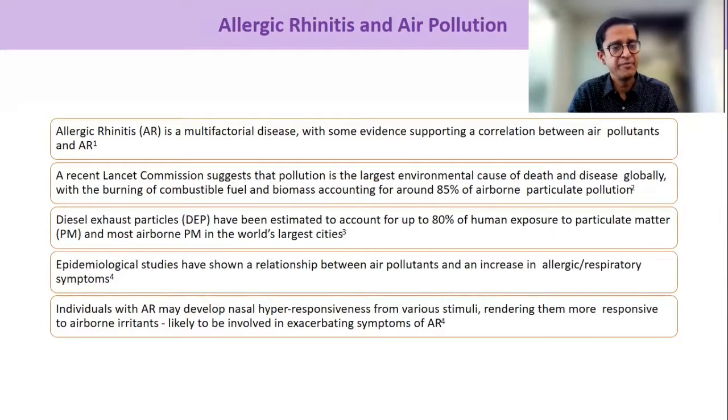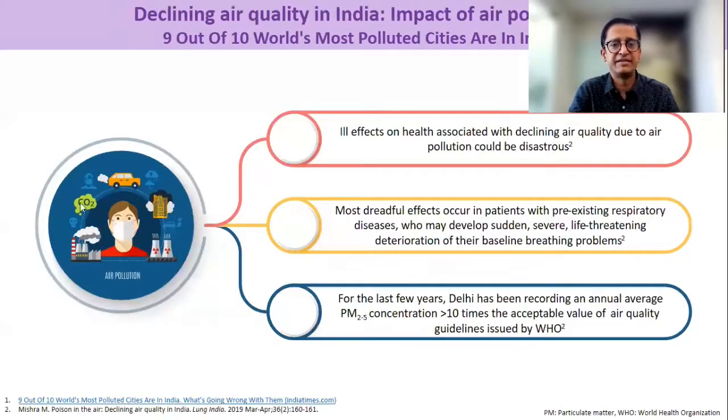There have been epidemiological studies which have correlated air pollution to an increase in allergic and respiratory symptoms. Individuals with AR who have inflammation of the nose and nasal hyperresponsiveness to various stimuli are more responsive to airborne stimuli, and hence symptoms of allergic rhinitis are exacerbated.